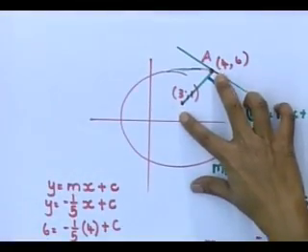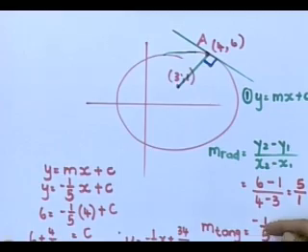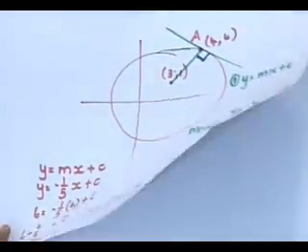We drew in our radius, did a 90 degrees. Still remember? Then I worked out the gradient of the radius. Everybody, it was 5/1. I reciprocated it for the tangent and I subbed in a point. And I think that that is such a beautiful question for the circles.